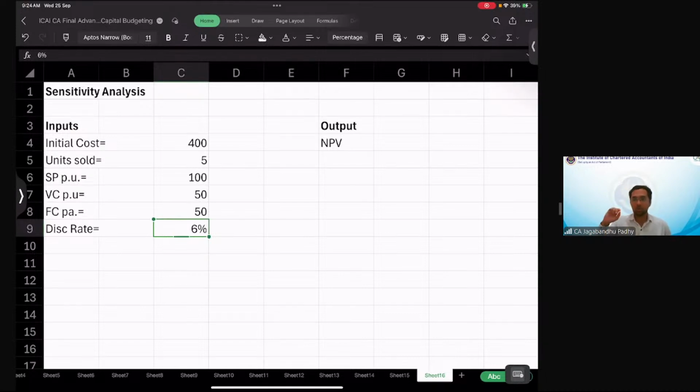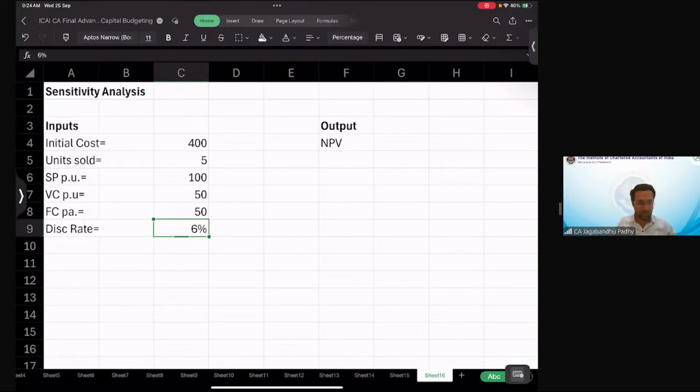Yes, right? So of any of these parameters, I want to know which one is more impactful on the NPV. Sir, why should we know which one is having more impact on the NPV? Simple, because I need to keep control over those factors.